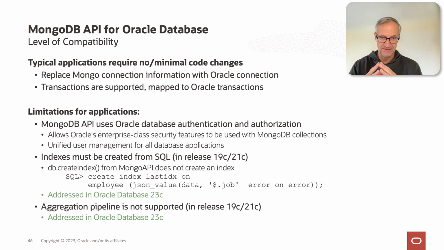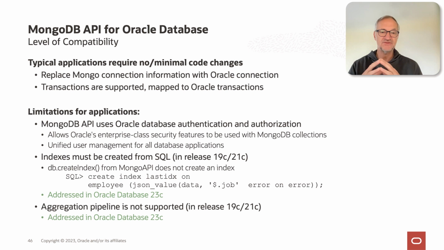Because from a converged database perspective, this is what we believe you need to really get unified user management and enterprise-ready behavior of your data management system, the Oracle database here, right?